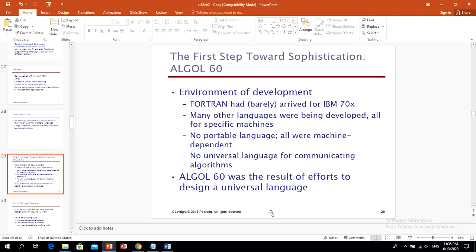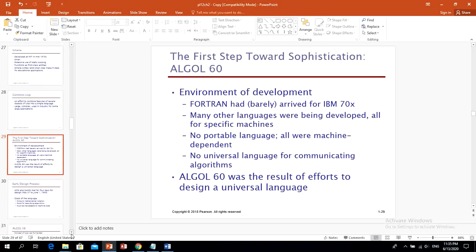So what you need to know is that because there were different languages, all machine dependent, and no portable language, ALGOL 60 was developed to be a universal design, common for different machines, no matter how different from another machine.